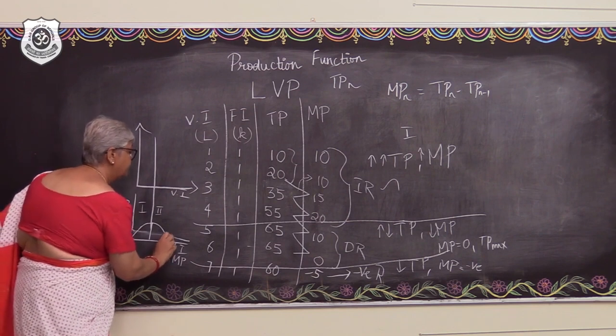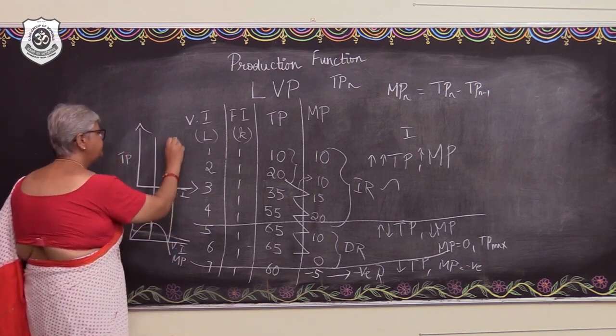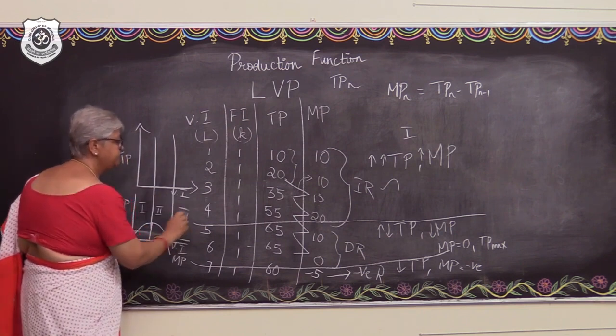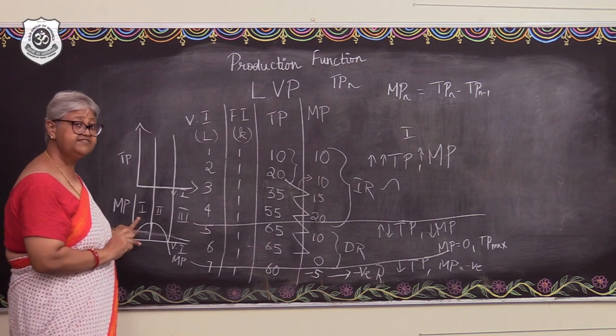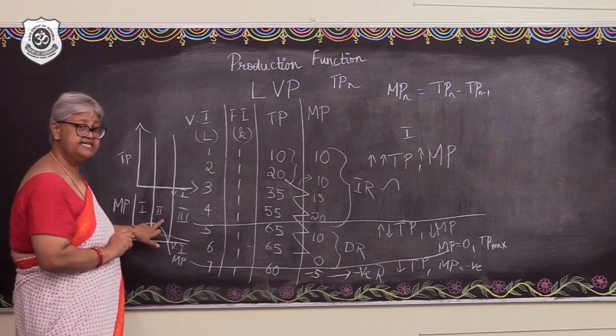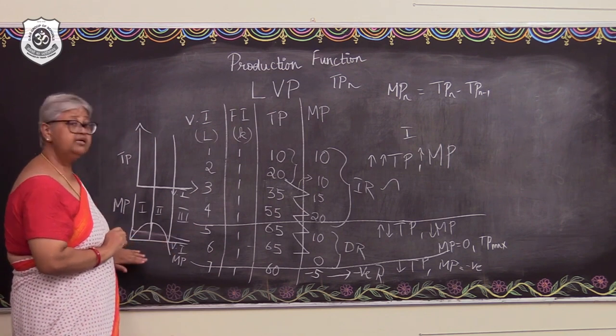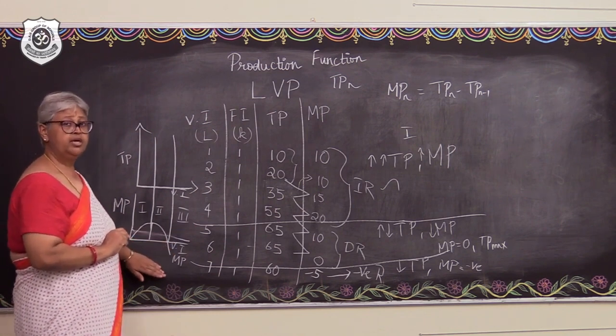That is the end of the second phase, and then the third phase is a negative returns phase. Increasing returns phase, decreasing returns phase, and this is the negative returns phase.